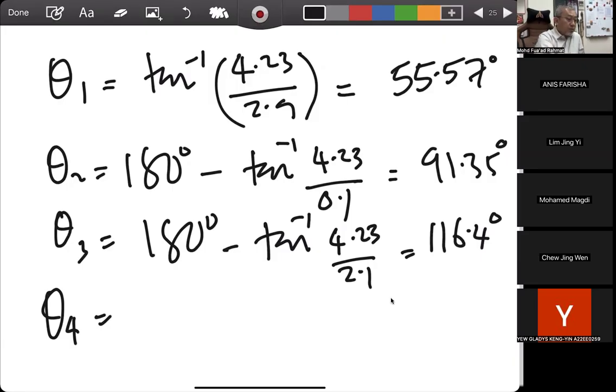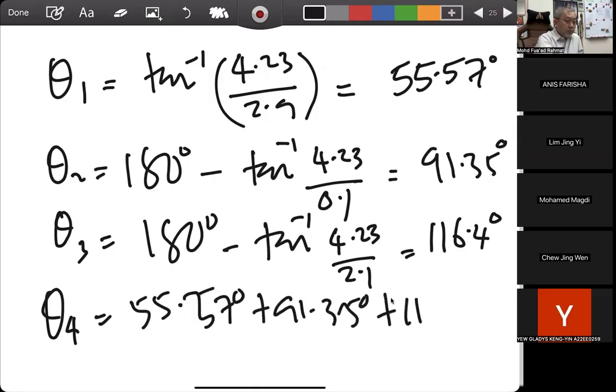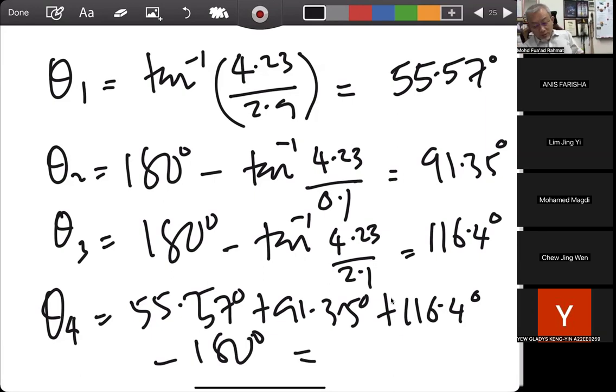Okay, so 55.57 plus 91.35 minus 180 degrees. Chu Jingwen, theta 4, please. The 83.32 degree. Sorry, 83.32 degree. 83.32. Okay.